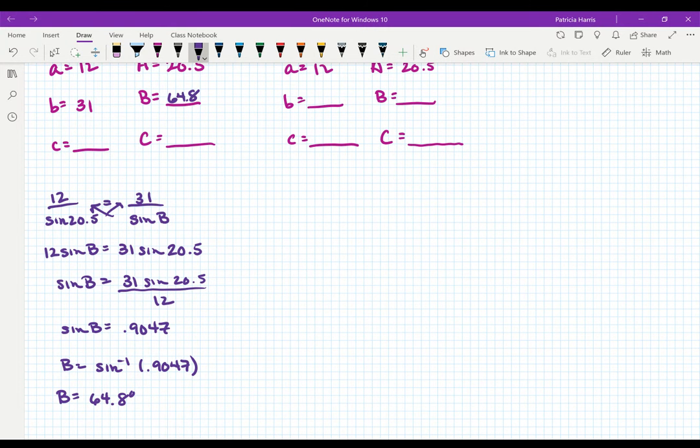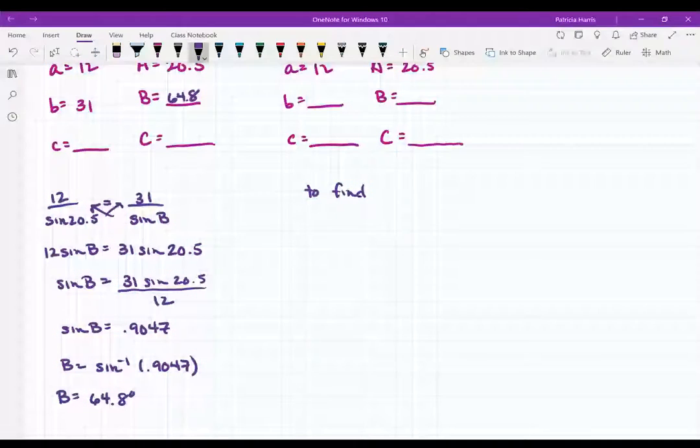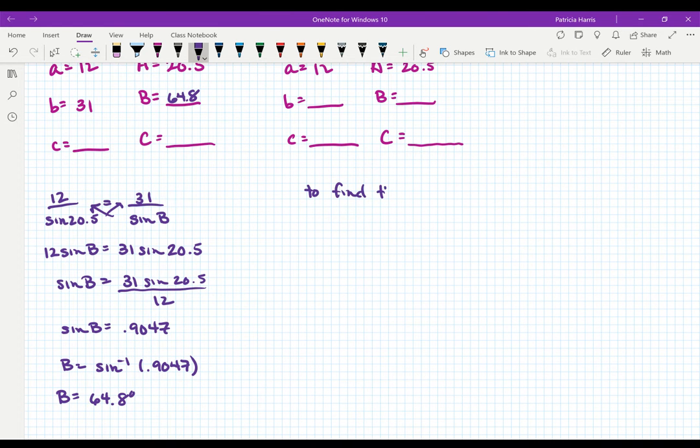Okay, so what you're going to do to find the second triangle is you are going to subtract the angle that you found from 180.